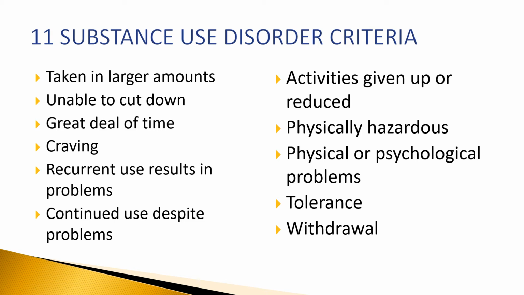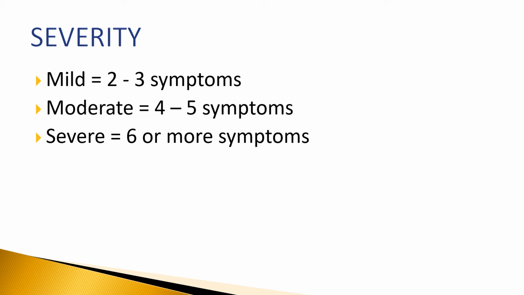And then you count up the number of criteria that the client meets in order to come up with the severity. So if the client has, of the 11 symptoms, 2 or 3 of them checkmarked, they would be mild on that substance.